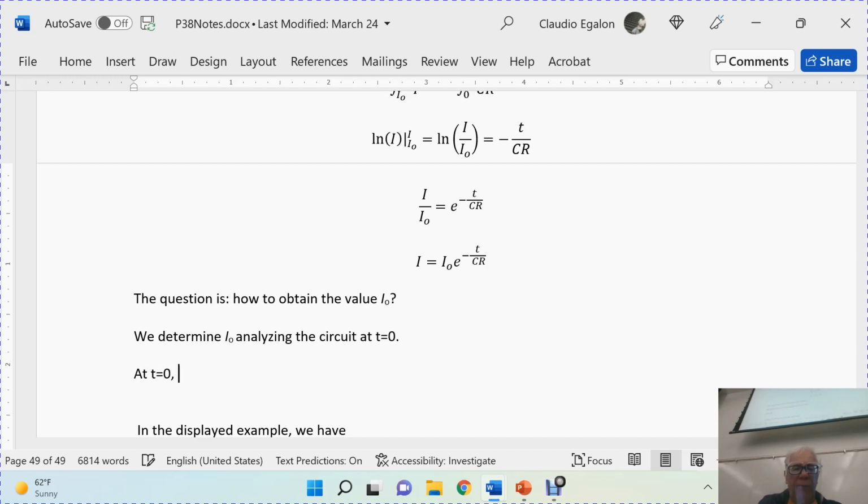What do we have? The voltage through the battery is V. That stays, the voltage through the power supply is V. The value remains constant throughout the experiment.